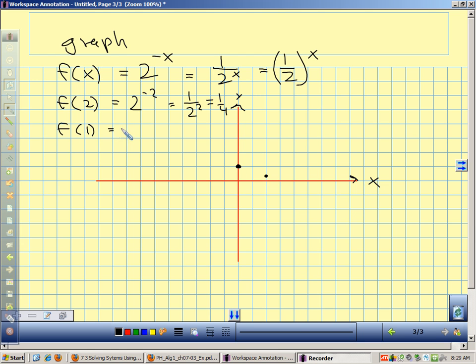F of 1 is 2 to the minus 1, which is the same as 1/2. So there's my point at (1, 1/2). Let's calculate f of minus 1. So that's 2 to the minus minus 1, which is just 2 to the 1, which is just 2.